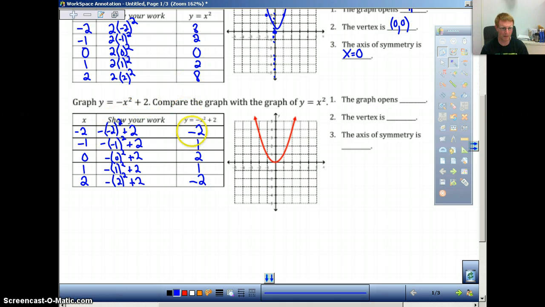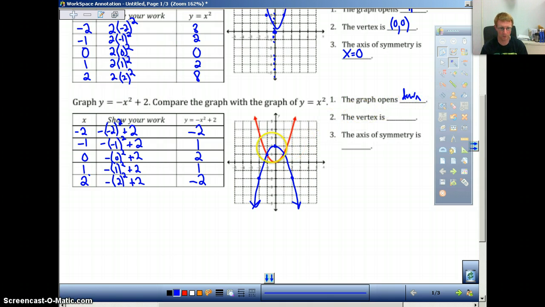So now, when we plot these values, we have negative 2, comma, negative 2. We have negative 1, comma, 1. We have 0, comma, 2. We have 1, comma, 1. And we have 2, comma, negative 2. And you can see that we have a pretty smooth parabola here that opens down.